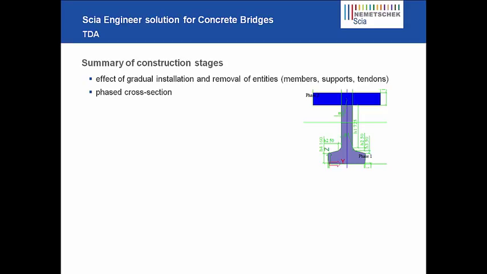Now, you can also use construction stages to indicate that a section changes during time. For example, if you have a prefabricated beam and this prefabricated beam is used to create a bridge, then normally a concrete plate will be cast upon these prefabricated beams.